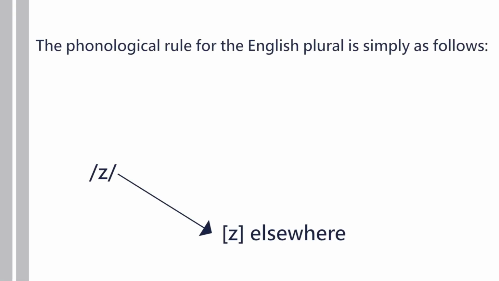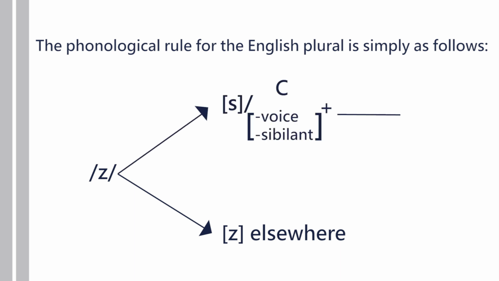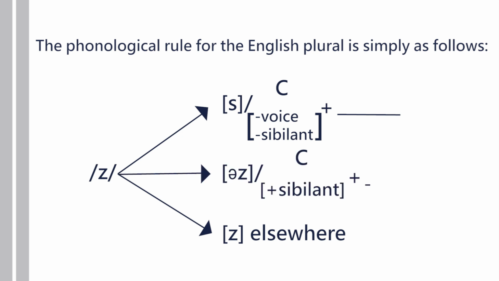The plural ending or suffix in English is s, pronounced "za", unless it's pronounced "sa" whenever it follows a non-sibilant voiceless sound. It's pronounced "uz" whenever it follows a sibilant, regardless of voiceless or voiced.